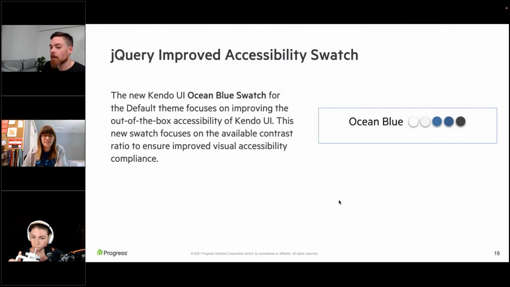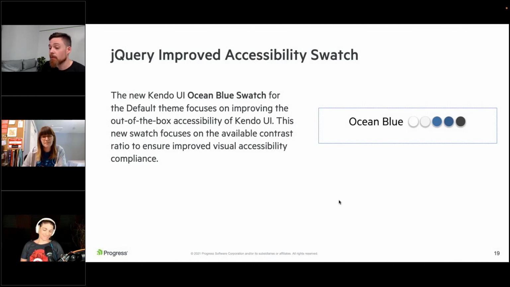Now, the reason that we introduced the ocean blue swatch and that we talk about improved accessibility is because this improves the contrast between the main color, that blue color, and everything else within the theme. So this ensures that not only do we have accessibility compliance through WCAG 2.1, WAI-ARIA standards, Section 508, et cetera, in the rendering of the components, but now we are also taking a look at the actual contrast and the visual aspect of the components to help increase accessibility.